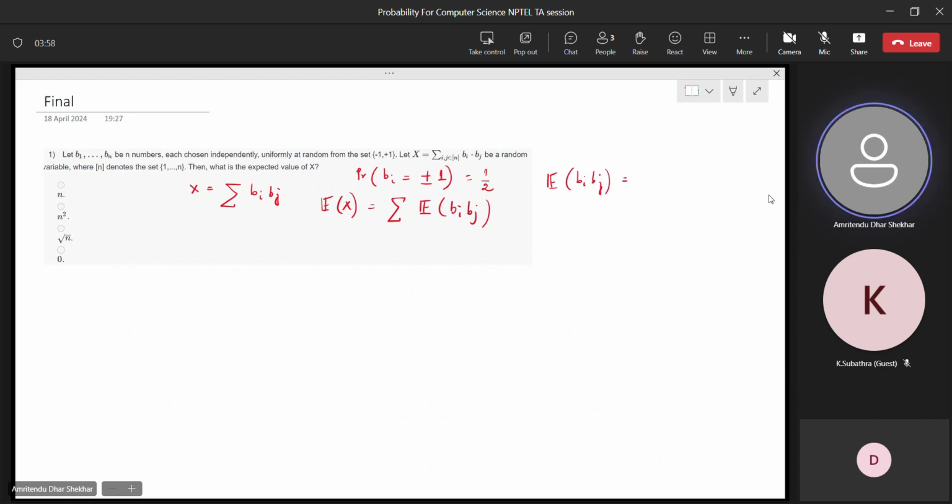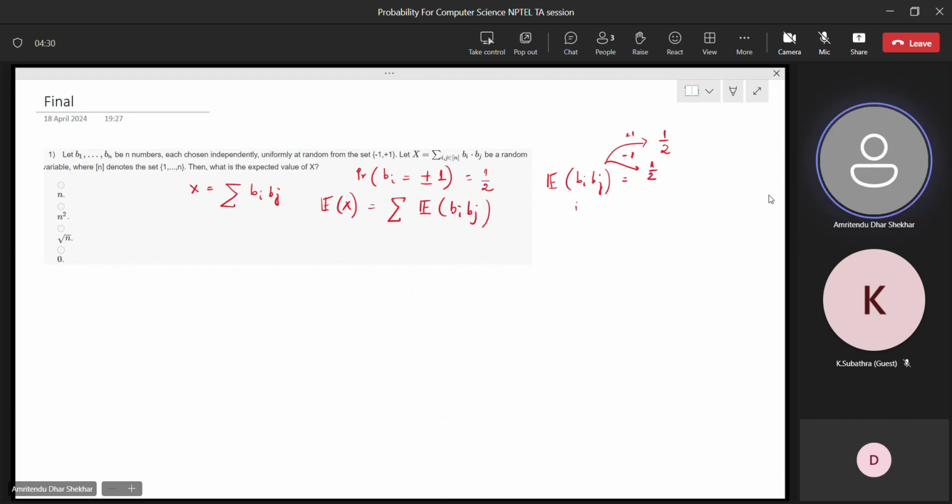is equal to, so if i is not equal to j, then the expectation of bi bj is equal to 0, because bi bj will acquire the value 1 with probability half, and -1 also with probability half.